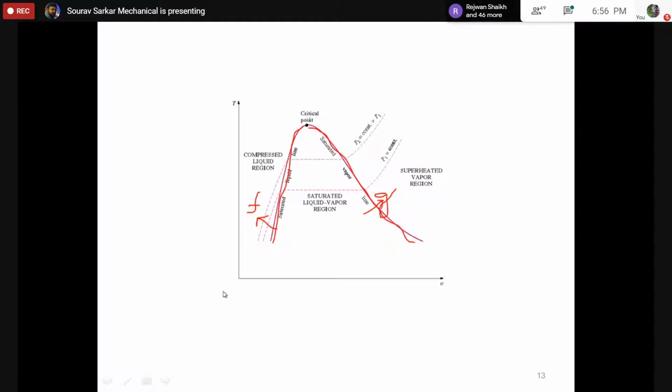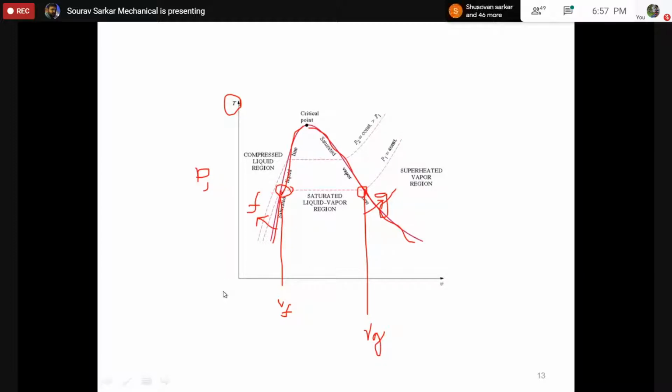What is the meaning of the table? The table tells what your temperature is, and corresponding to that what your pressure is. Second column. Then it tells you the specific volume of the liquid, this is vf, and this is vg.